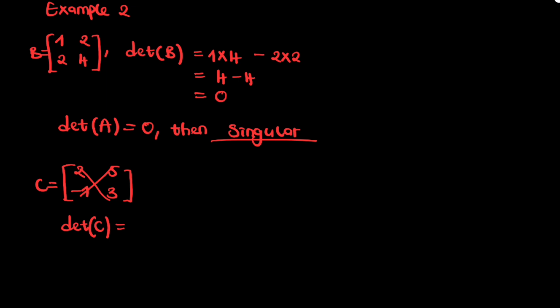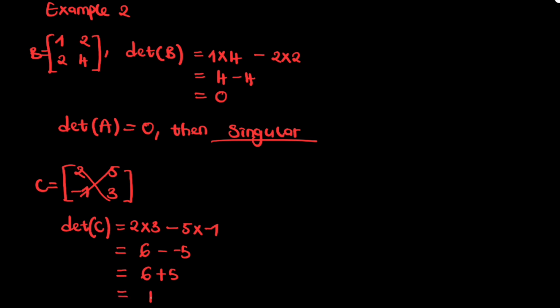So here we have 2 times 3 minus 5 times minus 1. So this is 6 minus negative 5. So this gives 6 plus 5.